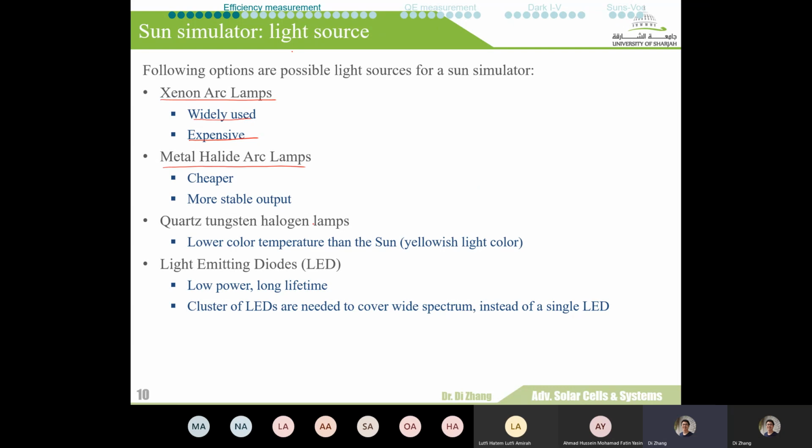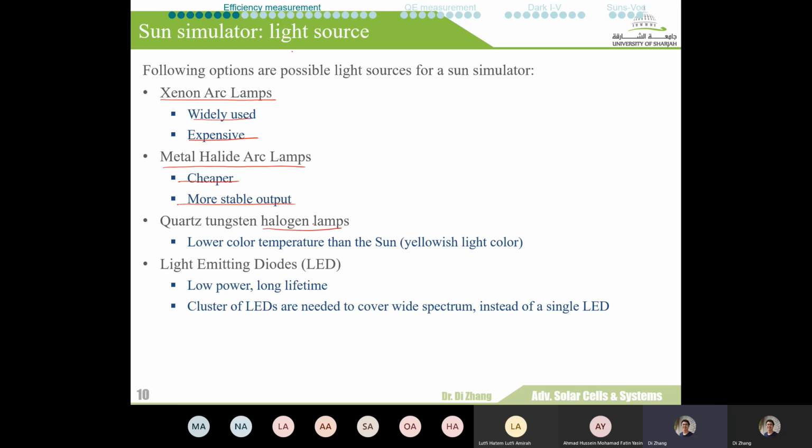These lamps are cheaper, and they also provide a very stable output. But the problem is that the spectrum you get from the metal halide lamp is not that similar to the standard AM spectrum, and therefore you need to do more modification on the spectrum so that it can fit better with the solar spectrum. Another popular option was the tungsten halogen lamp.